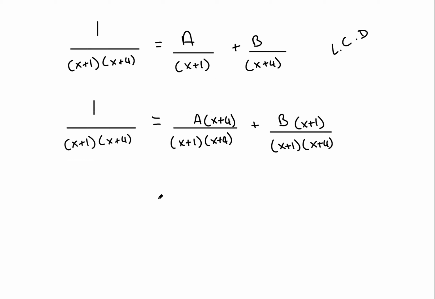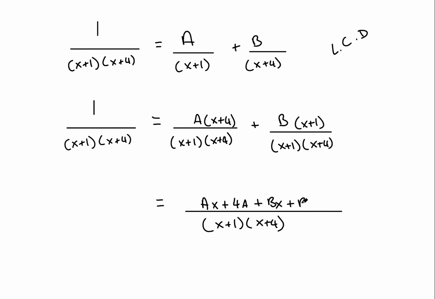And I'm just going to multiply that out now and write it as one big fraction. So one single fraction, it's going to be all over x plus 1 by x plus 4. That's going to give me ax plus 4a plus bx plus 1b. And all of that is still equal to 1 all over the exact same thing.